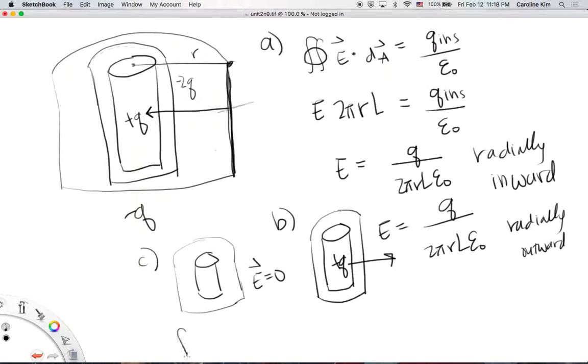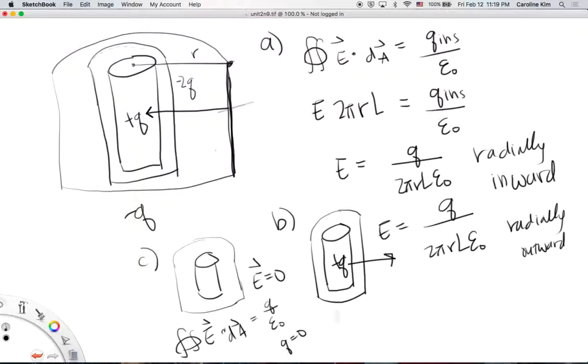Using Gauss's law, E dot dA equals Q over epsilon. If the electric field is 0, that means the charge also has to be 0 inside our Gaussian surface.